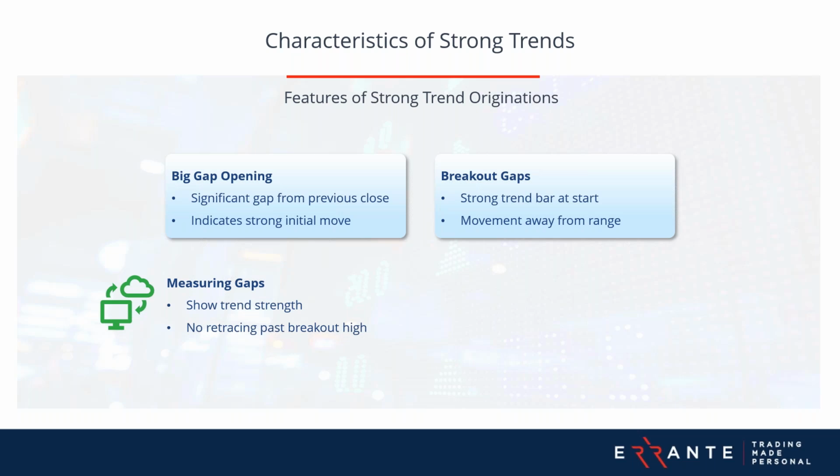So the key characteristics of a measuring gap include occurrence, meaning they usually appear within a trend, not at the beginning or end, and often after a strong move. These measuring gaps usually indicate the trend's continuation and can be used to estimate the potential length of the trend from the point of the gap.